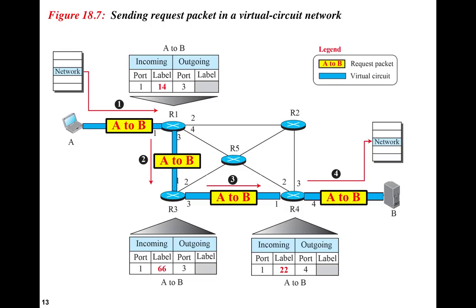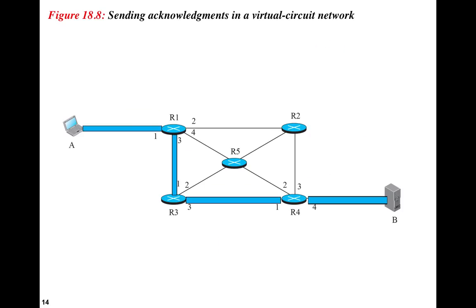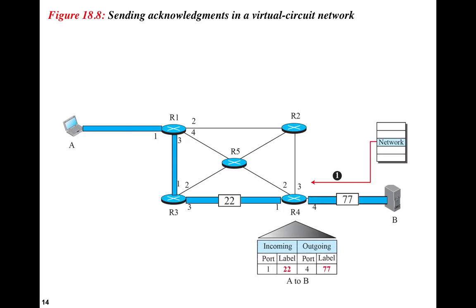Now B is going to send a response packet, a confirmation packet, along the same route. R4 will look at the packet and assign it a label 77. Remember, it's the incoming routers that assign the label. So in this case, R4 has assigned it label 77. R4 knows now that on port 4, a packet with label 77 has arrived.